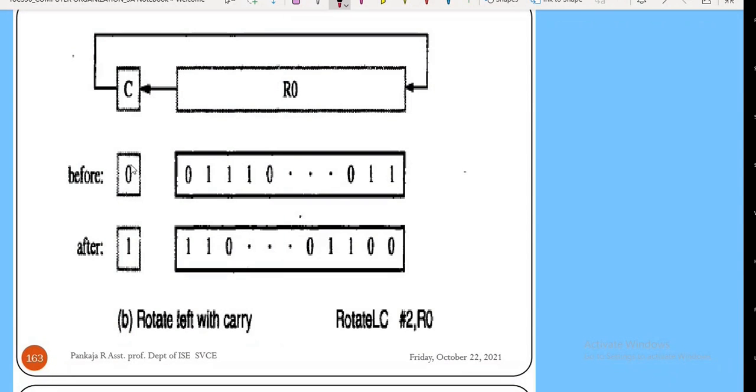After rotating by 2 bits, 0 0 will be added at the vacated position. Can you see here? 0 0 will be added at the vacated position, and this one will be in the carry flag. So this is an example of rotate LC #2.